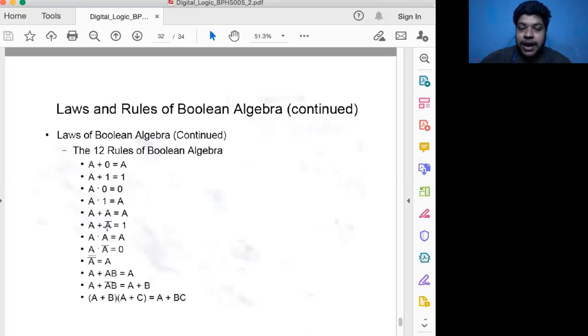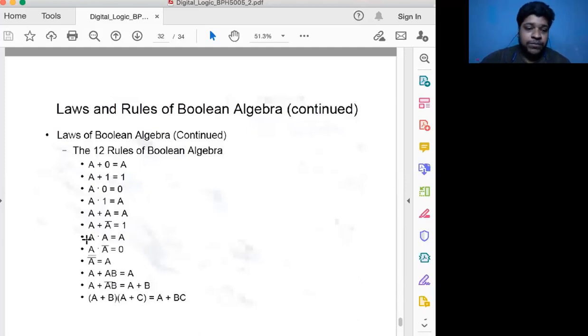A plus A bar is 1 always. So A can take value 0 or 1. If you take 0, this will be 0, and this will be 1; A bar means invert. Whenever there is a bar, you know it is invert, it is the NOT operation. So if A is 0, then A bar becomes 1, and 0 plus 1 is always 1. And if A is 1, then A bar becomes 0, and 1 plus 0 is always 1.